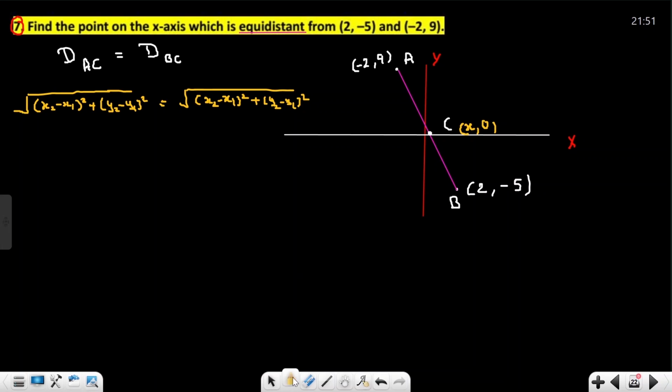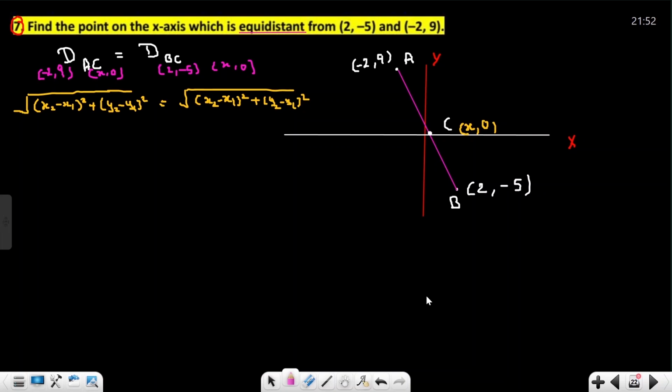Now put in the values. Many students are confused about how to take x1, y1. Look here, the name is A and C, so write the coordinates of A and C. A is (minus 2, 9) and C is (x, 0). Similarly here, B is (2, minus 5) and C is (x, 0).